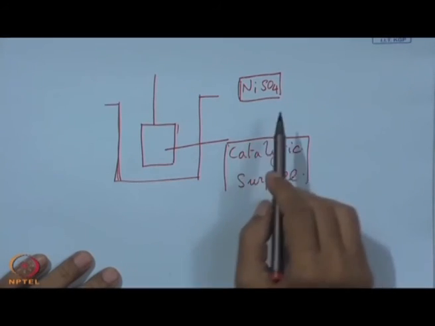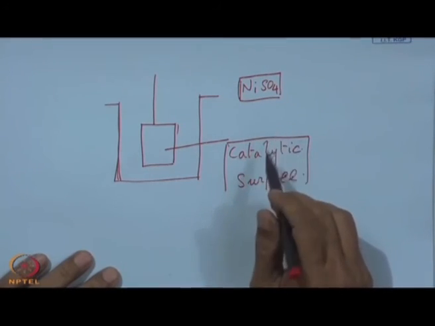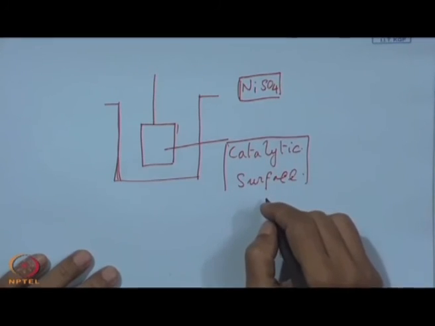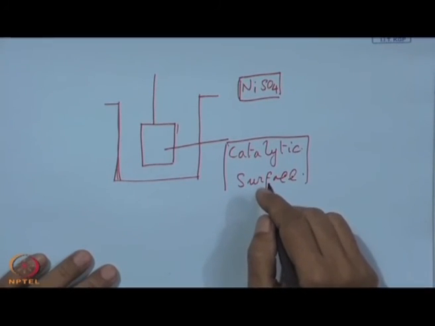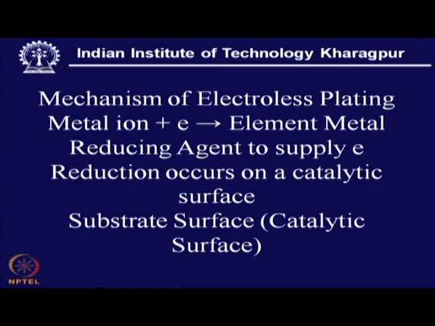That means there is one reducing agent, this hypophosphite, that is going to release this electron, and by this addition of electron on the surface, we get the metal element. So, metal ion plus electron, that means this is really reduced by this electron, and we get this metal element.